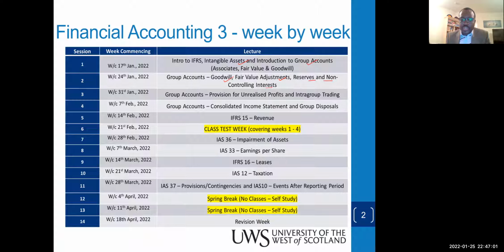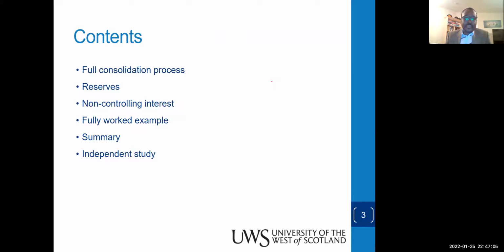So I'm going to use this one to dwell more on the reserves and the non-controlling interest. So we take a full-blown question to look at the full consolidation process, a fully worked example. Because we want to keep it simplified, I'll not make this video lengthy. I'll cut it off at this point, then I come back and treat the rest.